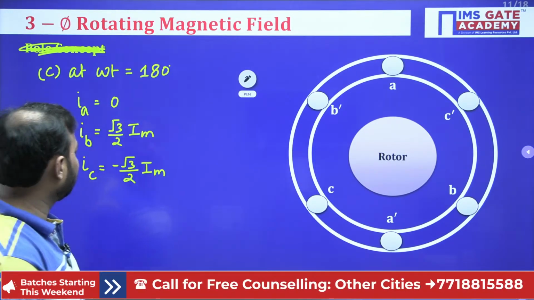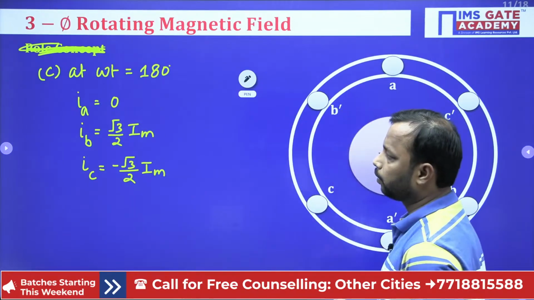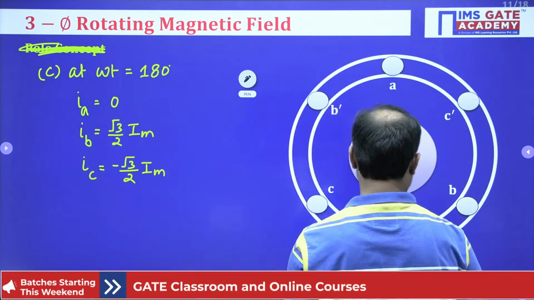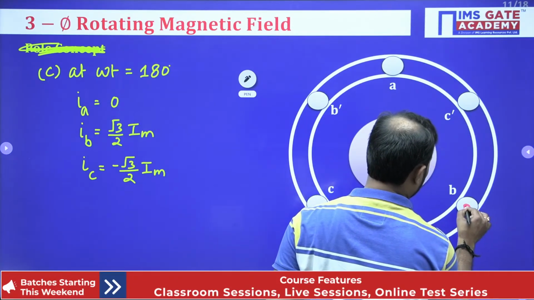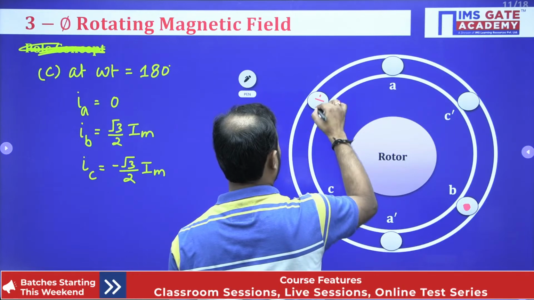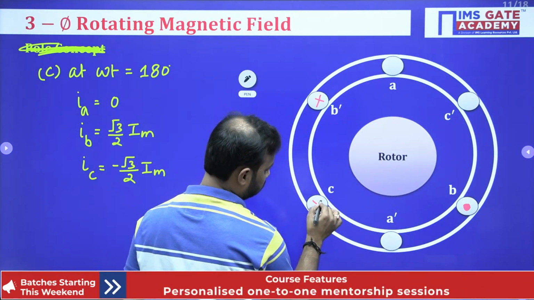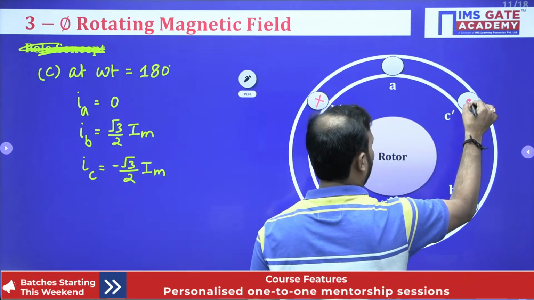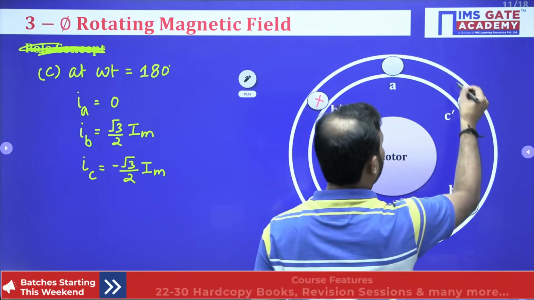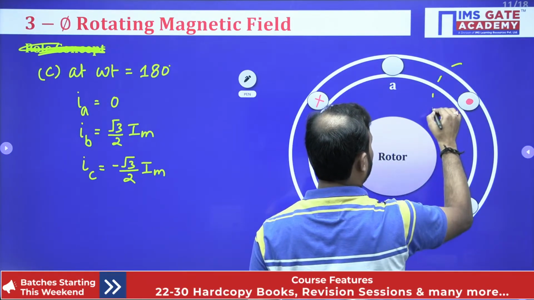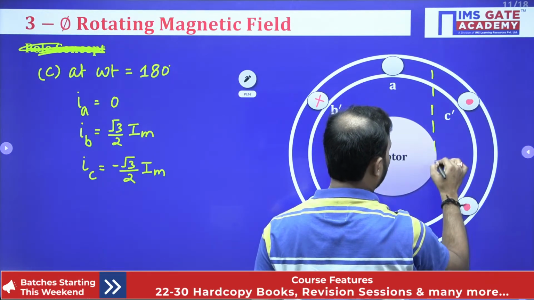Please confirm, everybody. Now this Ia will not give any magnetic field. This Ib is positive, so here dot will come and this becomes cross. Ic is negative, so it becomes cross and it becomes dot. So this dot will give the magnetic field anti-clockwise.